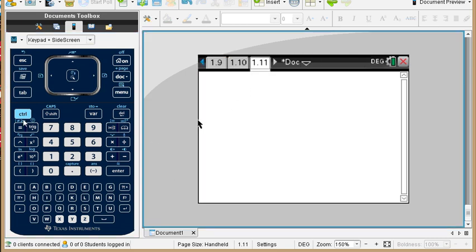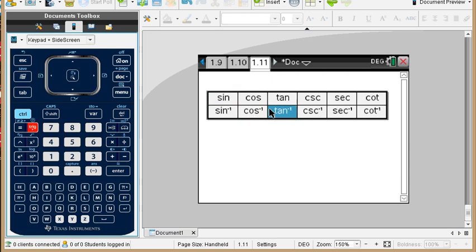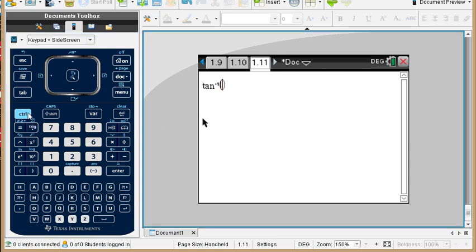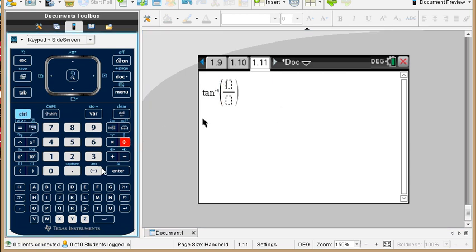Well, we'll just say 12 over 16. So we get 36.86 degrees. So our best answer choice here is going to be answer choice B.